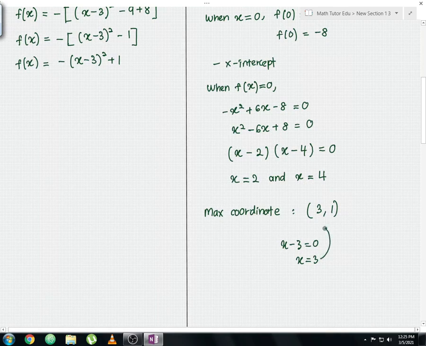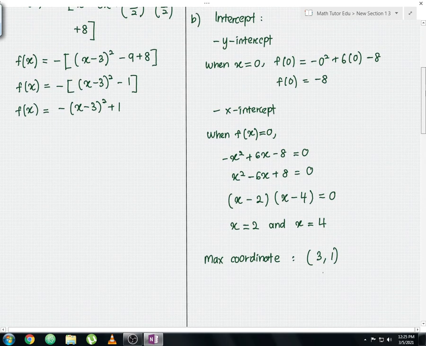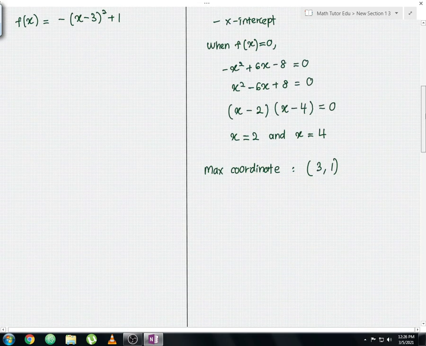That's how you get the x-coordinate of the maximum. I hope you understand the steps that I've explained till now. Once you get all the relevant information, you can proceed to sketch the graph. I'm going to sketch the graph now, so please give me some time, guys.